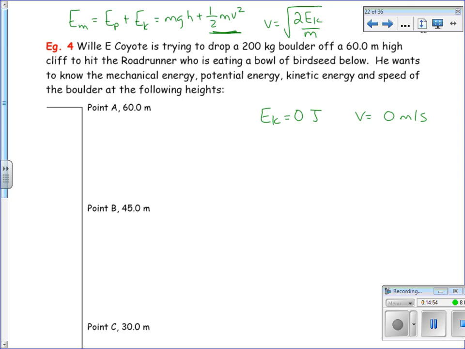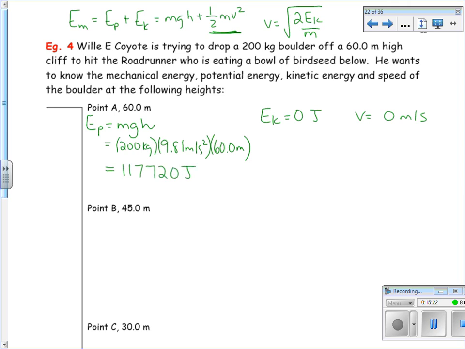Okay? And what we want to do is find the potential energy at that point. So potential energy is m times g times h, which in this case is 200 kilograms times 9.81 meters per second squared times a height of 60 meters. Okay, and I'm not going to write this stuff with sig digs. We're going to leave it fully written out just to make it a little easier. So that means the mechanical energy is 117,720 joules. Okay.